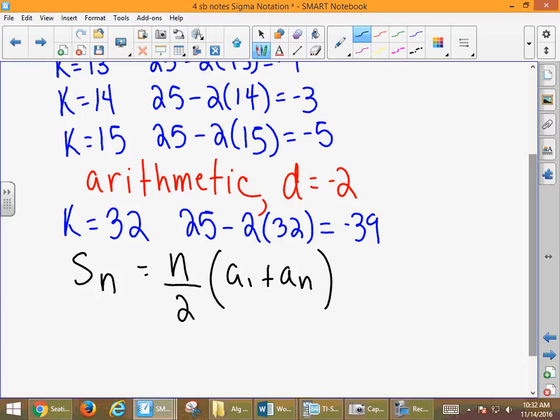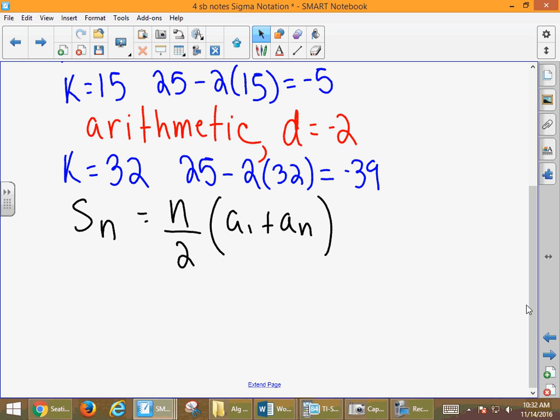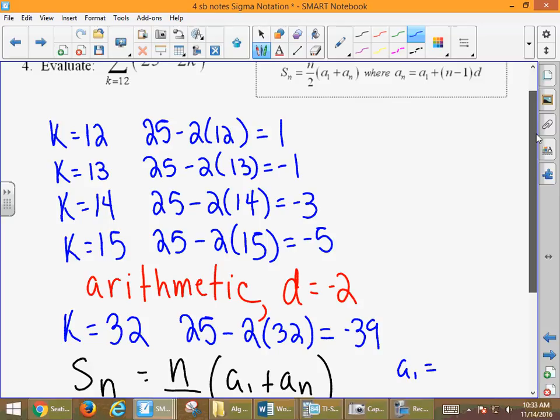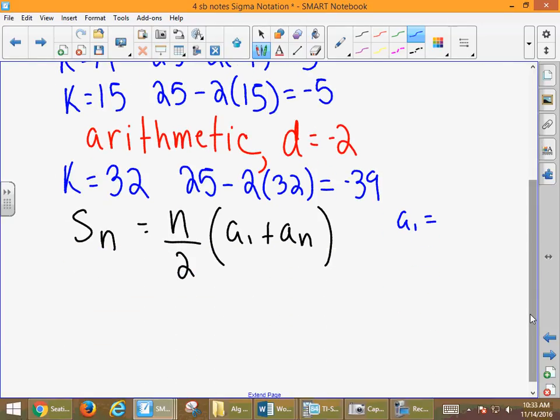So let's look at the values that we have here to fill in to our formula. Our first value, even though it's not the first one in the sequence, it's the first value that we're looking at. It's from the 12th term to the 32nd term. Our first term is 1. Our a sub n, which is a sub 32, we just calculated is negative 39.